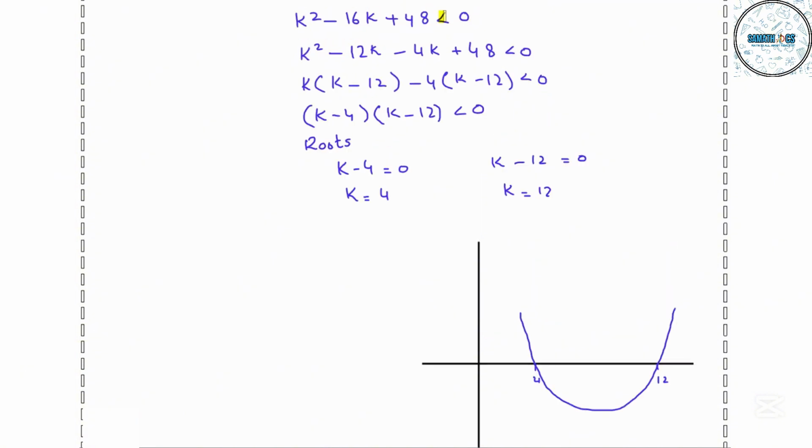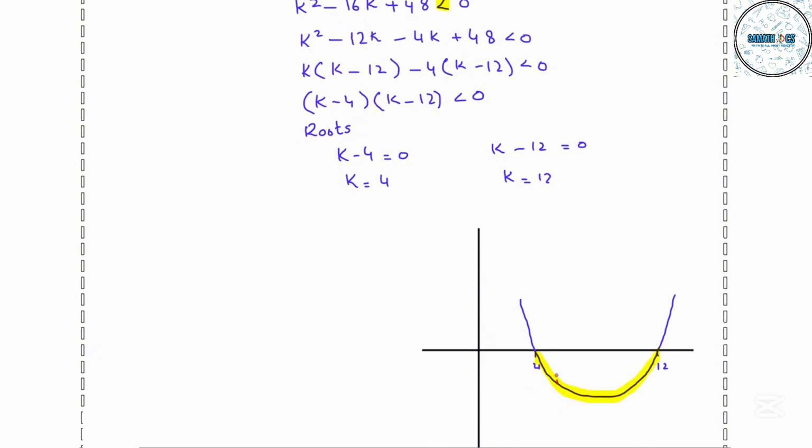As the sign here is less than 0, we have to consider the part of the curve which is below the x-axis, which means the values lie in between 4 and 12.